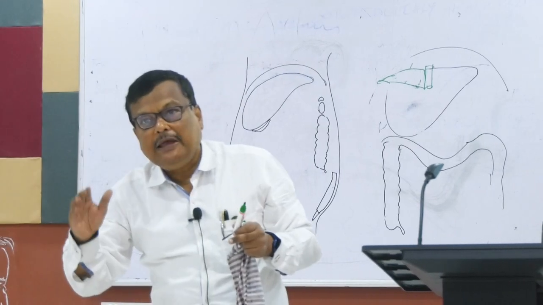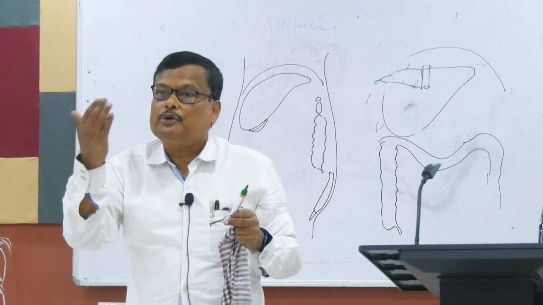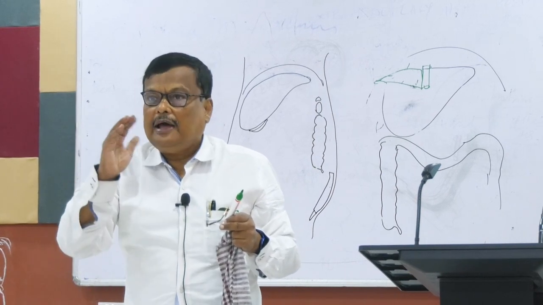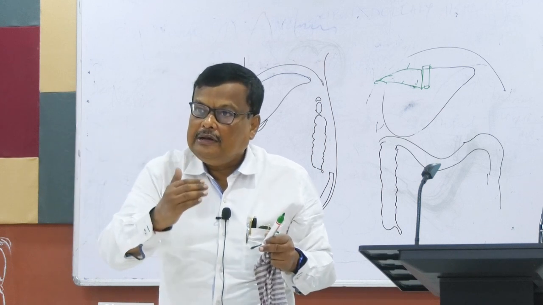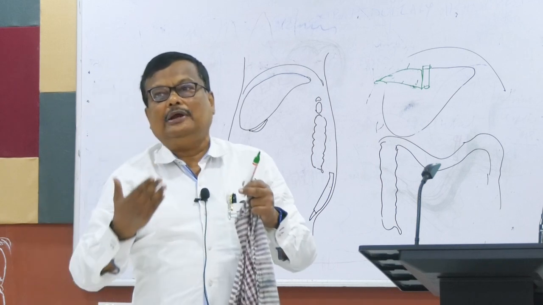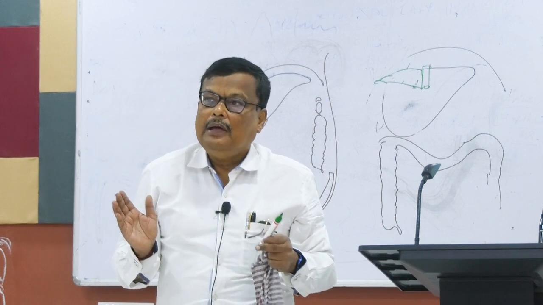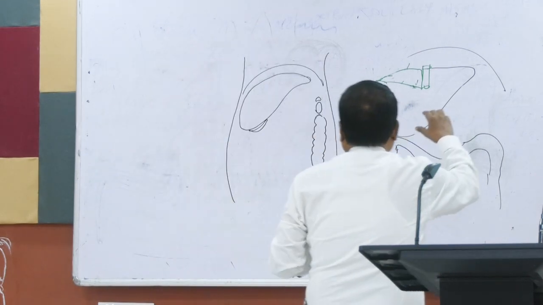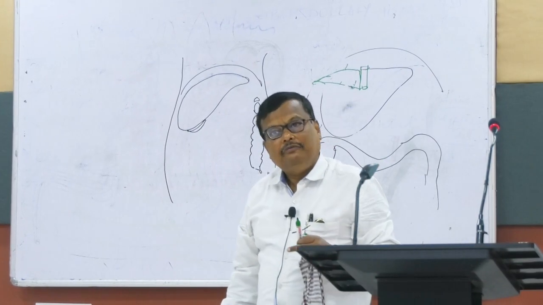So there is a space posterior to the inferior surface and posterior surface of the liver. So there are two spaces you have to understand now. One is anterior to the anterior surface of the liver. One is posterior to the inferior surface of the liver. And both these spaces are covered by the peritoneum. And there is another space which is known as the bare area of the liver.